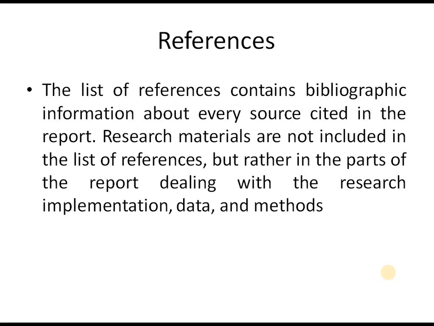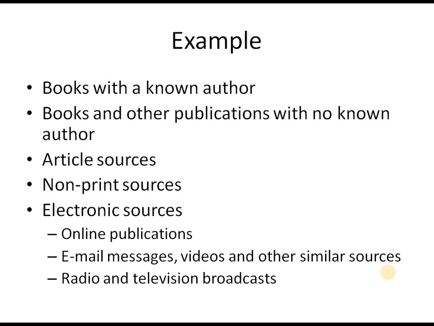This is the way we can prepare the bibliography. For example, we get bibliography references from many areas, like books with unknown authors. For a book with an unknown author, the basic details concerning the source are to be indicated.